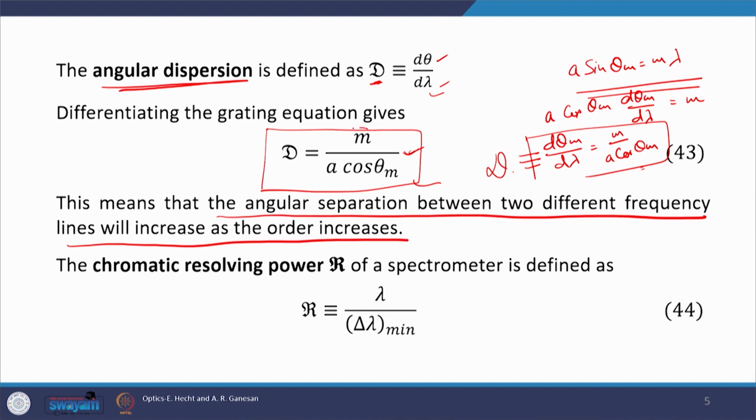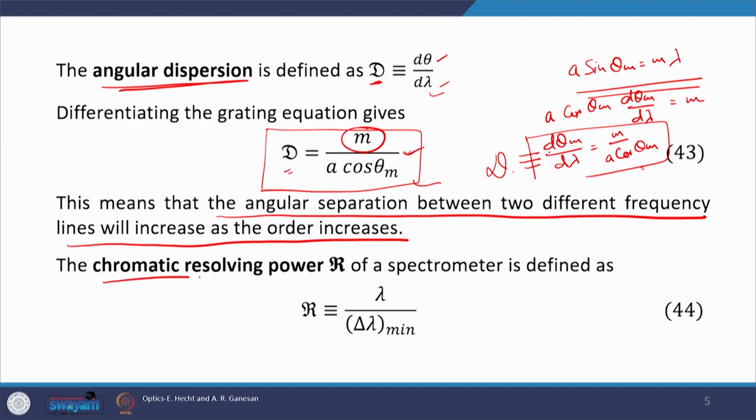You see that the order is sitting here in the numerator, and D is nothing but delta theta by delta lambda, or d theta by d lambda. So, as m increases, d theta also increases. It means the angular separation between two frequency lines will increase with the order.